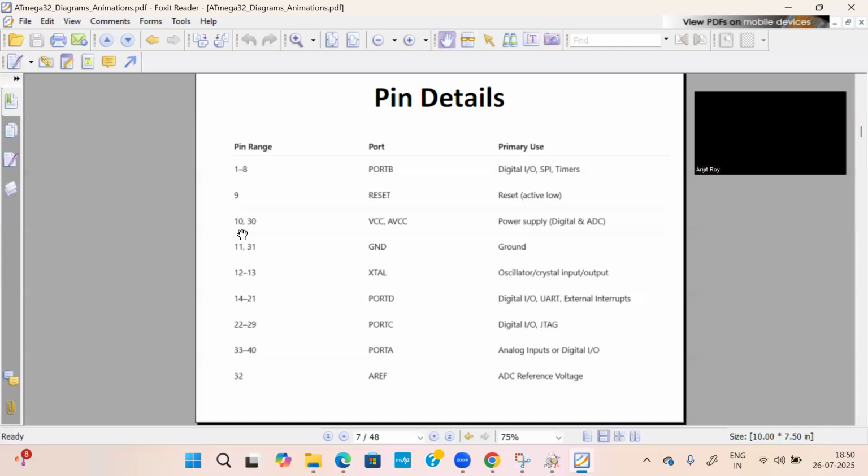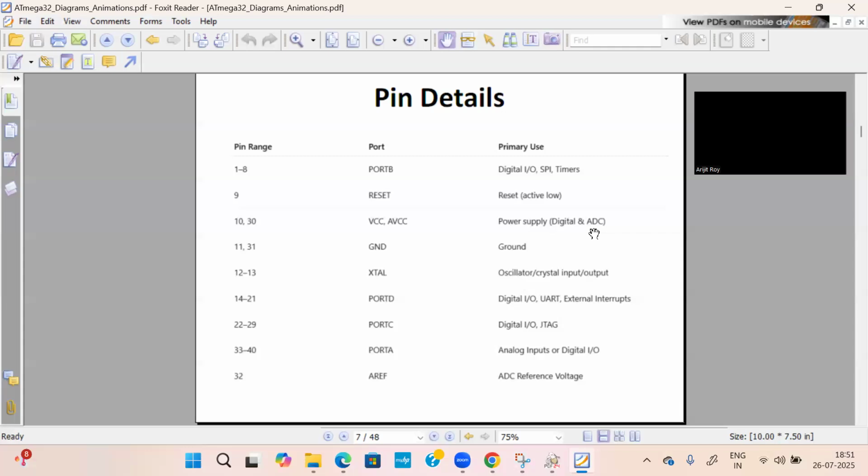For this reason, this power supply is provided, and also one embedded ADC, that means analog to digital converter, is there in this Atmega microcontroller. So we can use this pin. This is nothing but a power supply.